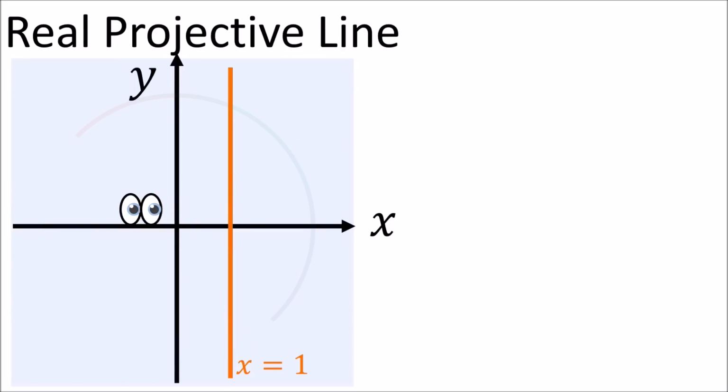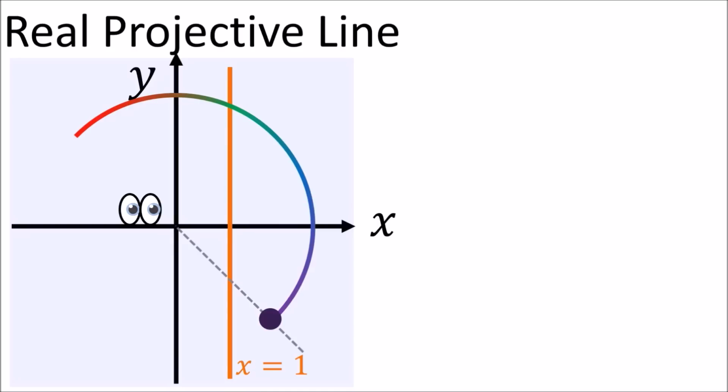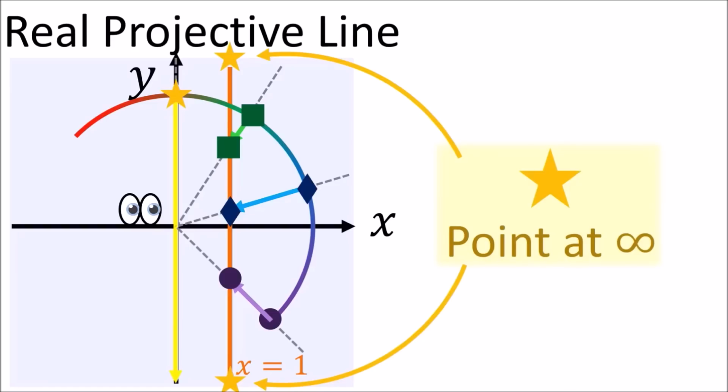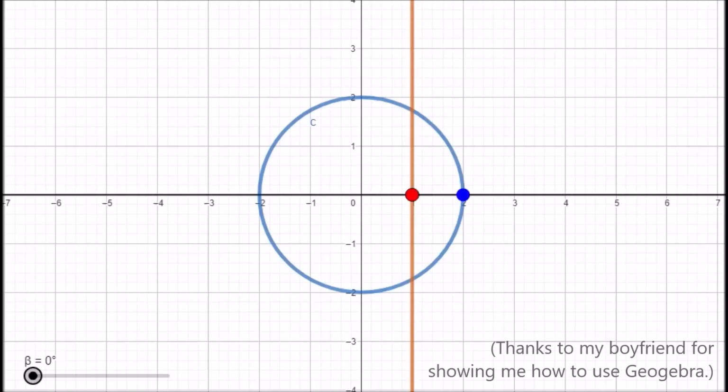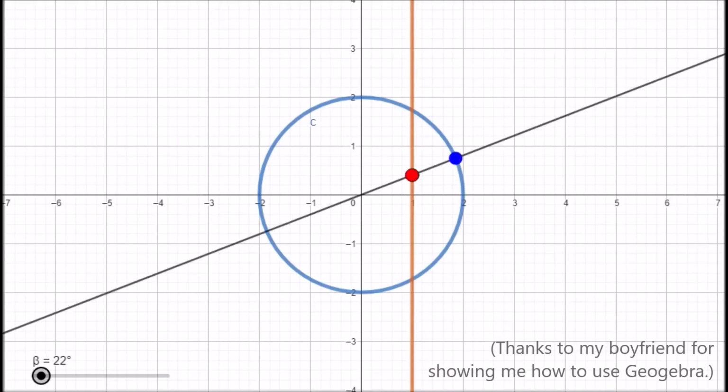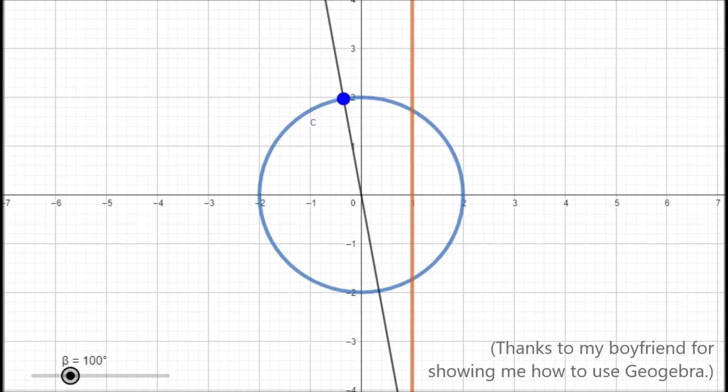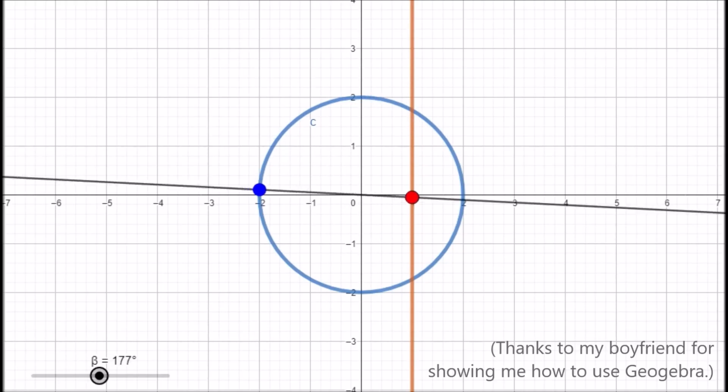So if we take a semicircle and project all of its points onto the screen, we'll cover every single point on the screen, including the point at infinity. Watch what happens to the projected point as we travel along this circle. The projected point goes off to infinity and then comes back after a half turn around the circle.